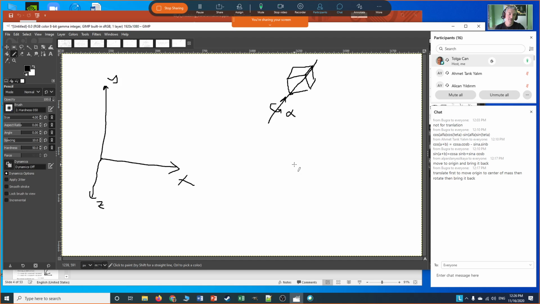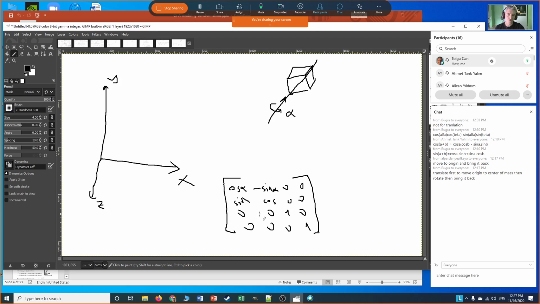Now, the idea is the same. We will have a rotation matrix that can rotate this cube around the z-axis. The rotation around the z-axis is very similar to what we have, because it is like 2D rotation around xy, right? It will be like this: cos alpha, minus sin alpha, 0, 0, sin alpha, cos alpha, 0, 0, 0, 0, 1, 0, 0, 0, 0, 1.